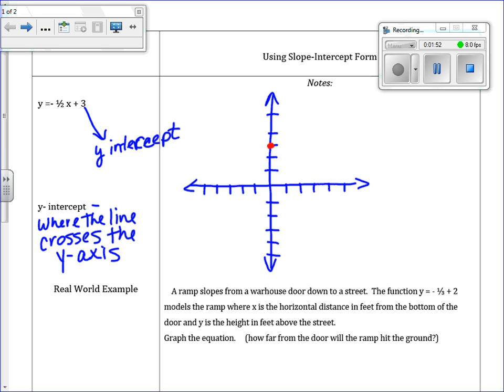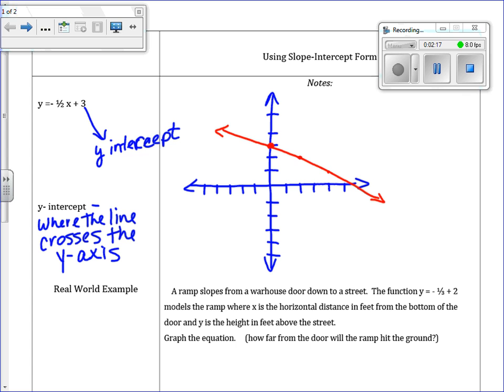So now I know that I have a slope of -1/2. So that means it's rise over run, remember that. So I'm going to go down 1 over 2. Down 1 over 2. So my line is going right here.